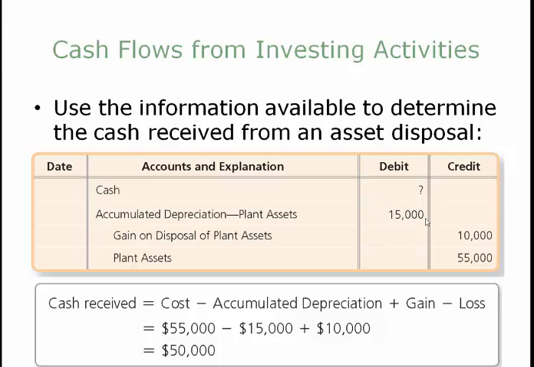And you have accumulated depreciation that you need to debit because you want to clear that out. And it doesn't tell you this, but you can calculate this based off of this, and it says that they got the difference. So you have 65,000 here, and you have 15,000 here. So this has to be 50,000. So they got $50,000 for something that had a net book value of 40.